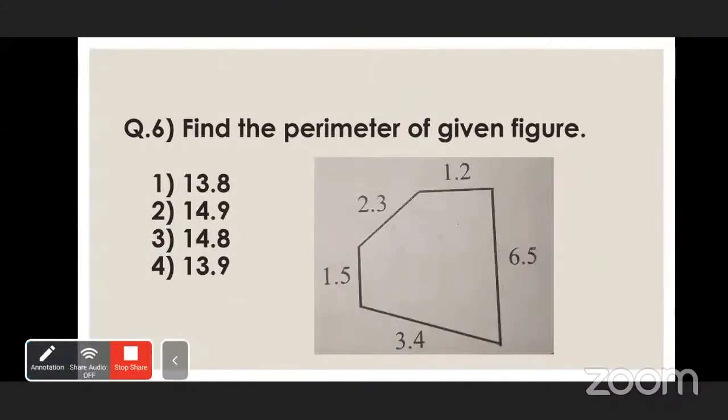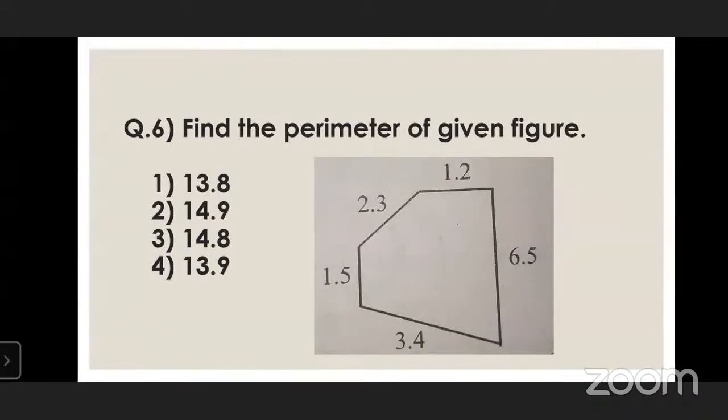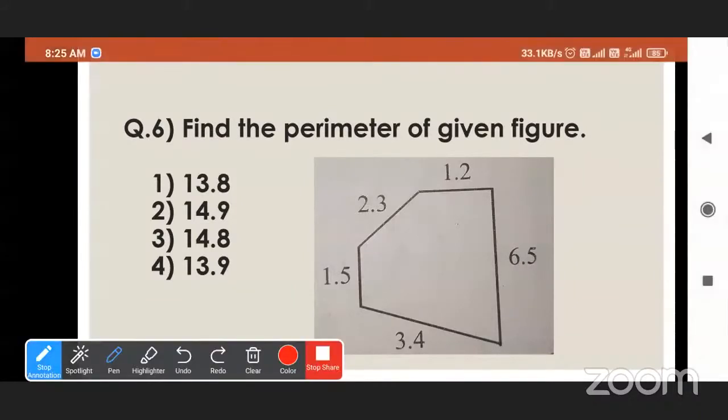Okay, now find the perimeter of the given figure. It is very easy. What do we have to do in this sum? We have to add all the sides. Do the addition. 3.6, 5.10 plus 3.4 plus 1.5 plus 2.3 plus 1.2.